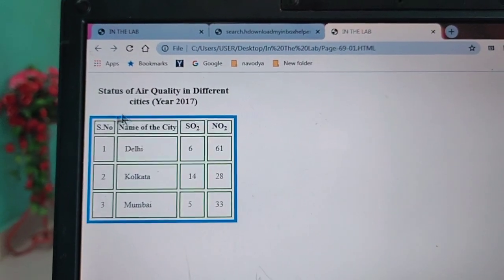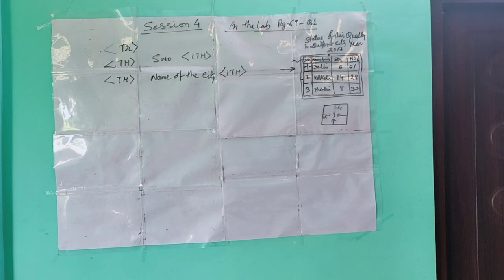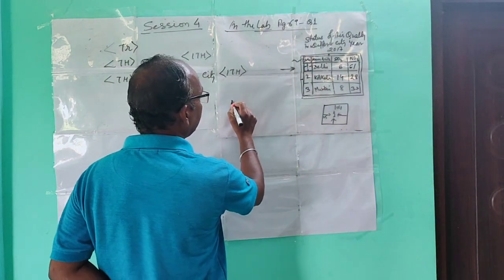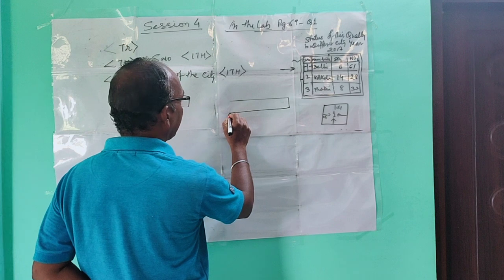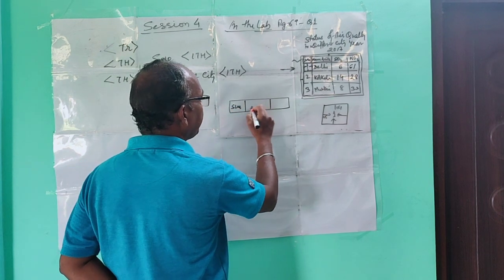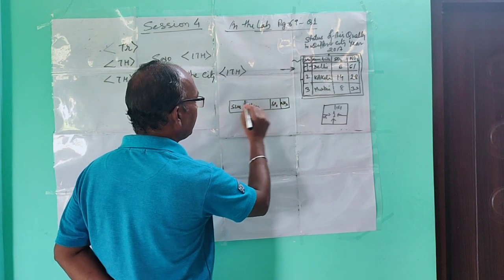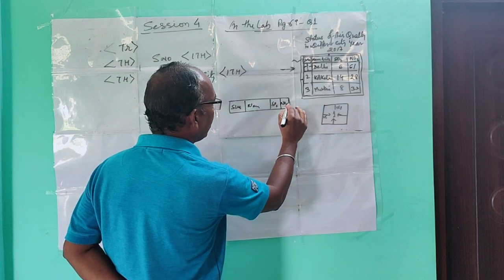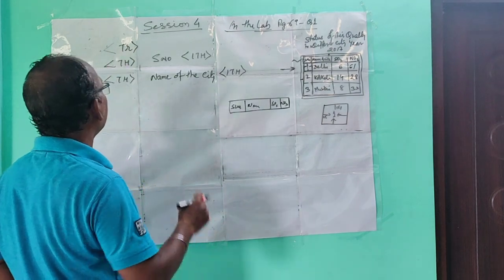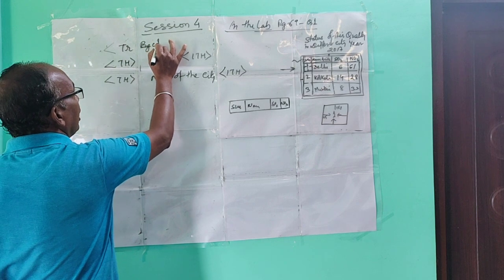Now I have to make some changes in the table. You see here. If you want to change the background color of a whole row, suppose serial number, name of city, then SO2 and NO2, suppose you want to make the whole row a background color, then you have to use one tag in the tr, tr bgcolor.